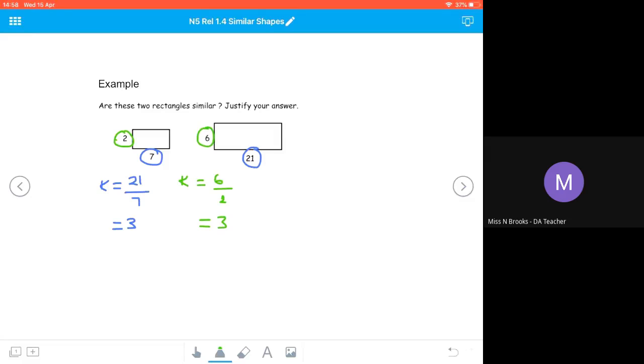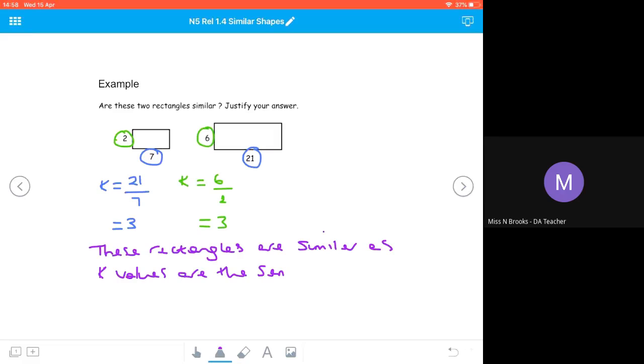So our scale factors are the same. So these rectangles are similar, as the K values are the same, or our scale factors are the same.